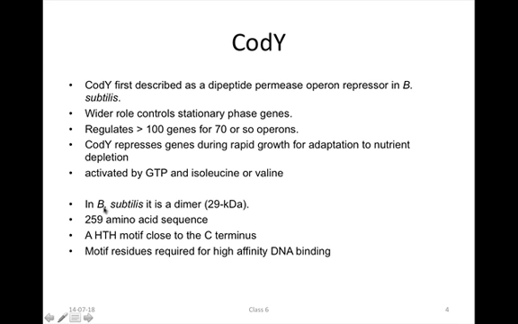So in Bacillus subtilis, it's a dimer, and it's 250 amino acids long. The common term for it is a helix turn helix motif, and there's a motif for DNA binding.